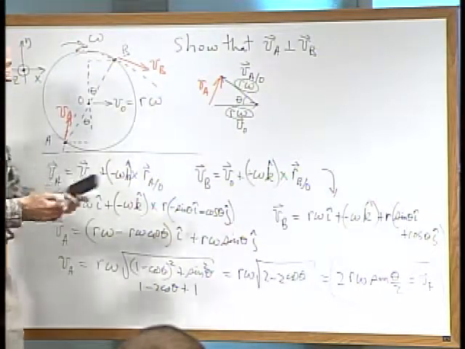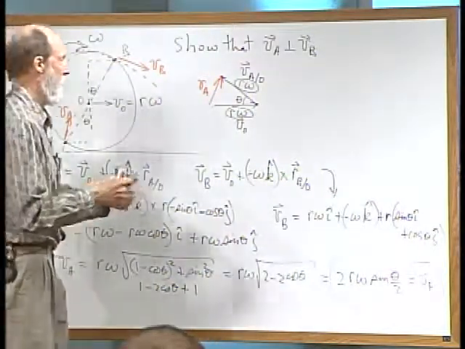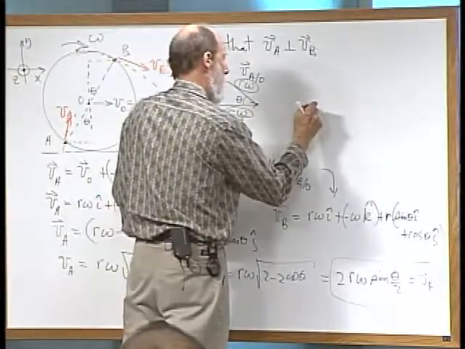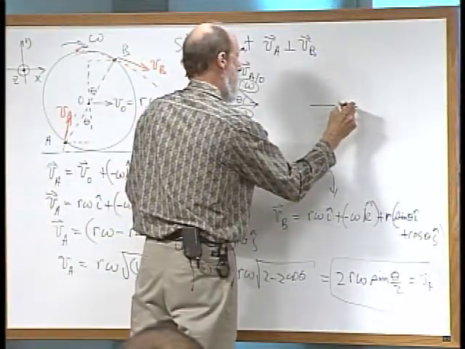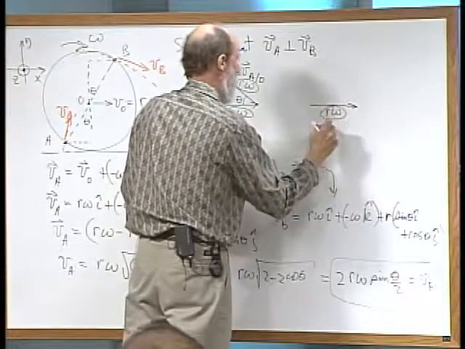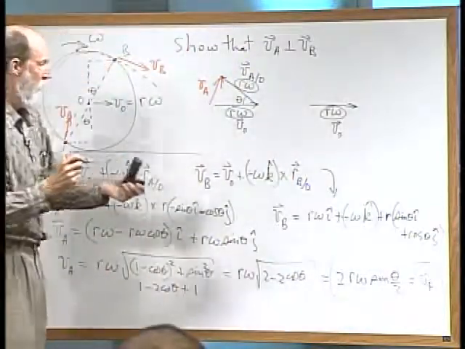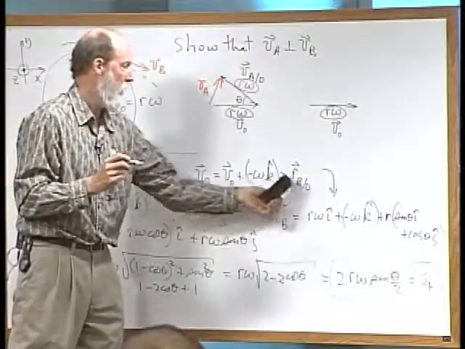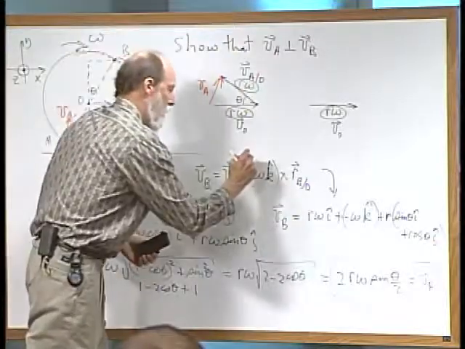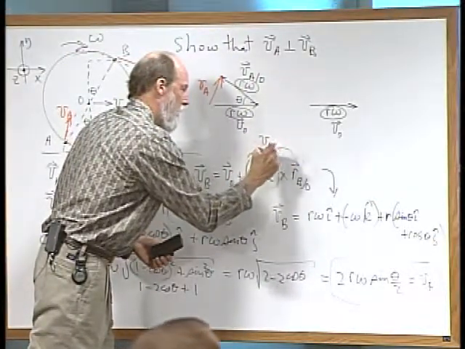So once again, the velocity of B is made up of the velocity of the center, which we can draw. Its magnitude being r omega. And now we're going to add this cross product. And remember what this is? This is the velocity of B relative to point O.